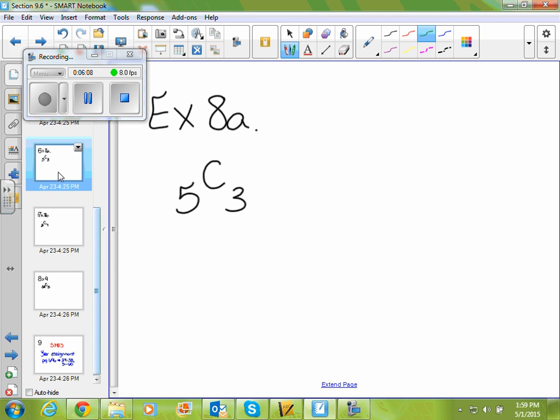Okay, then the other model we're going to look at is your combination model. So if I have 5 combinate 3, my combination model is n factorial divided by n minus r factorial times r factorial. And n and r are the same.